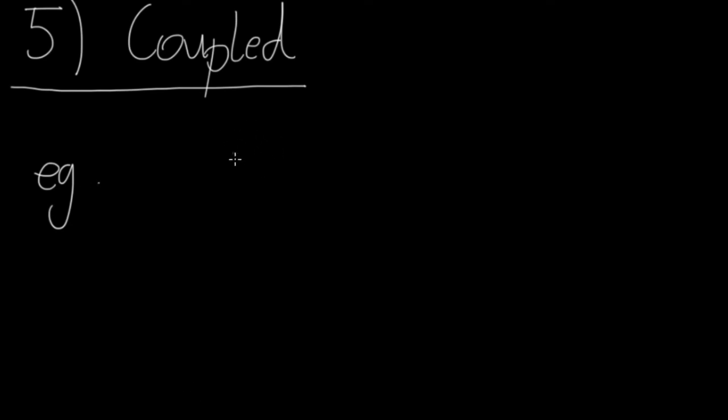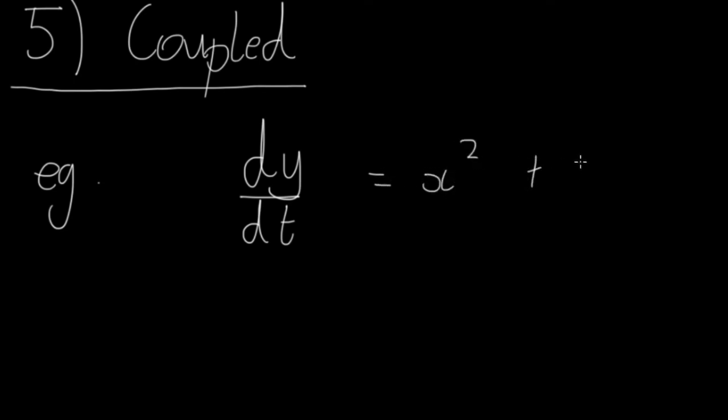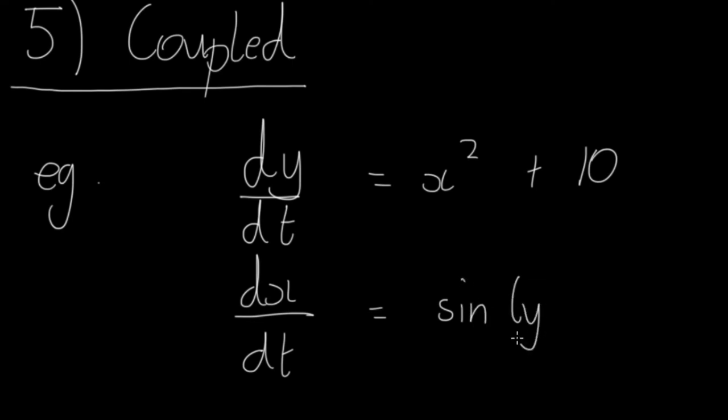Suppose we had two variables, x and y. dy by dt equals x squared plus 10, for example. And we also had another differential equation, dx by dt equals sine y.